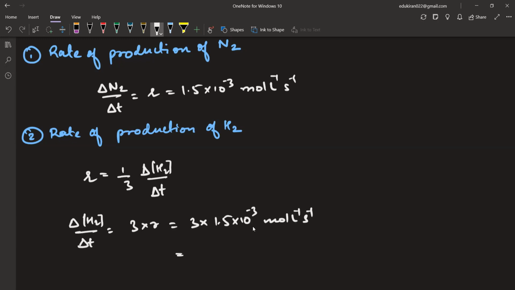So this will be equal to 4.5 into 10 to the power minus 3 moles per liter per second.